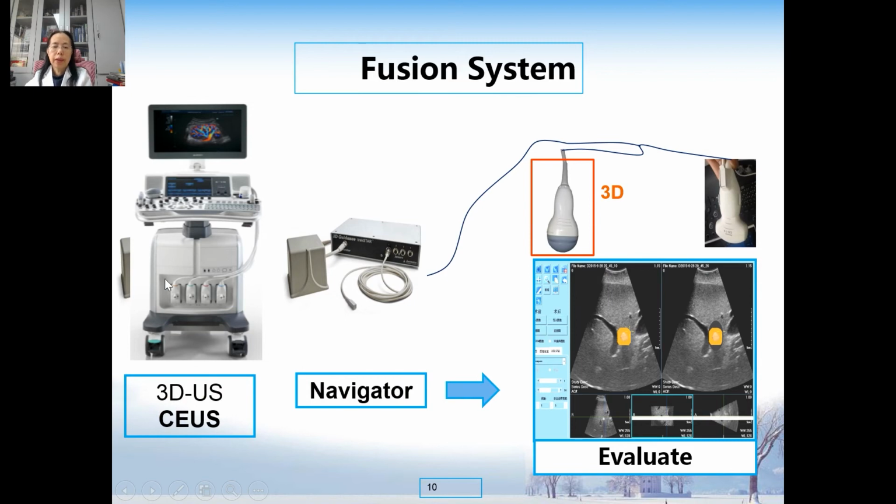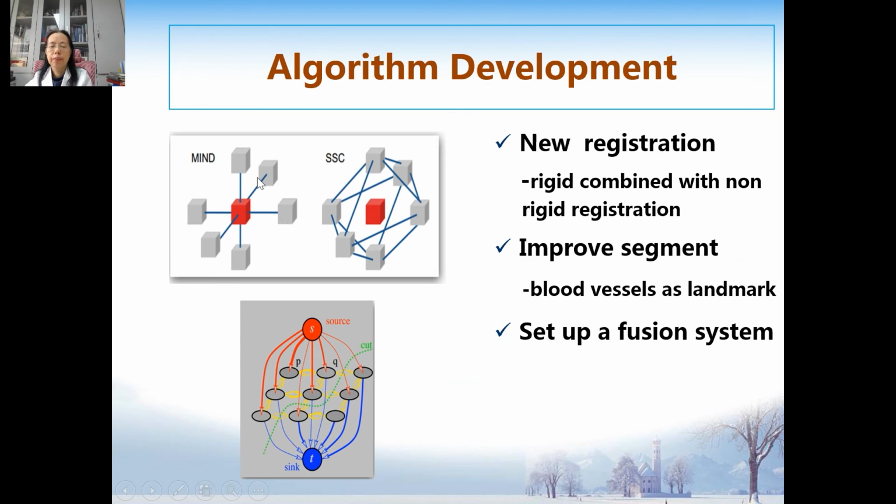We use the Mindray 3D contrast ultrasound machine navigation system. Here is the evaluation system. Firstly, we developed a new algorithm to get a faster registration and improve the segmentation of the tumor, and we set up the fusion system.